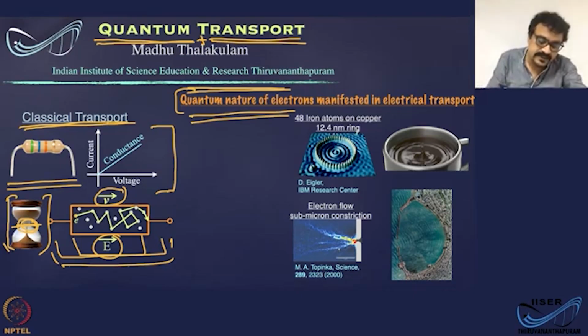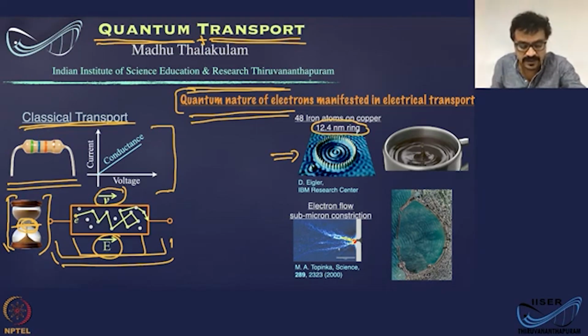One is a scanning tunneling microscopy image of 48 iron atoms on copper. They are arranged in the shape of a ring. It's a very sophisticated experiment. And here is the approximate size of the ring, around 12.4 nanometers.